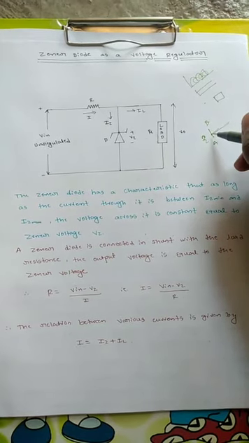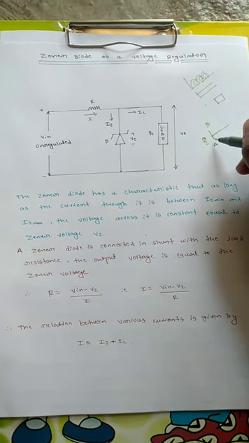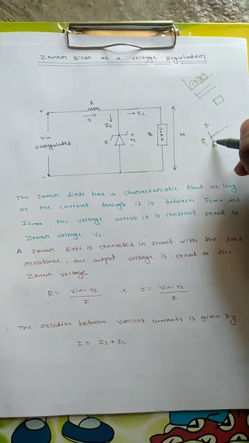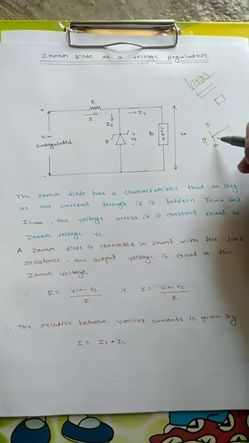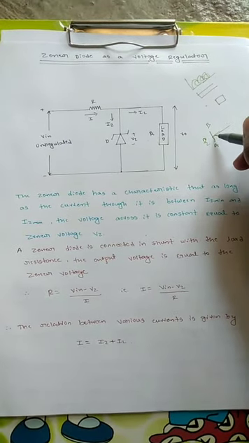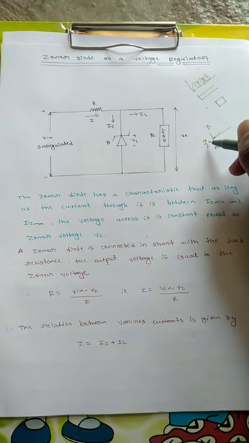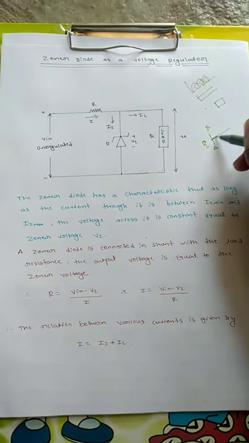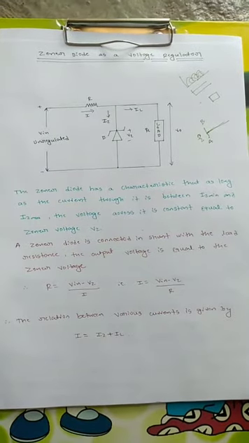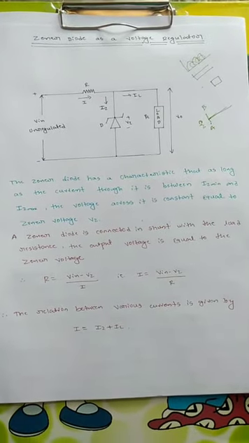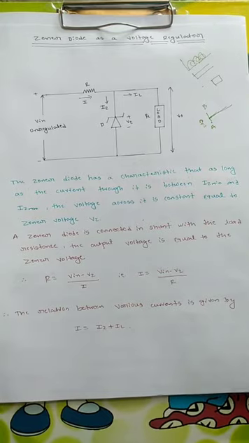Suppose the input is initially at point A and increases to point B and keeps on fluctuating, but with the help of the Zener diode we can maintain the output voltage at the level B by 2. This is what is called voltage regulation: maintaining the output voltage at a constant value in spite of changes in the input voltage.